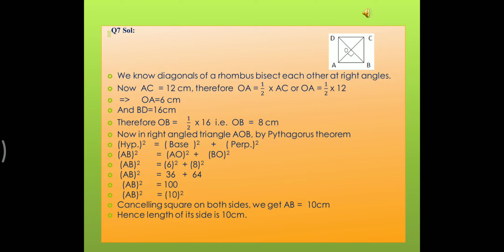Here in right angled triangle AOB, AB is hypotenuse as it is opposite to right angle. We know side opposite to right angle is hypotenuse. So here in this right angle triangle AB is hypotenuse.